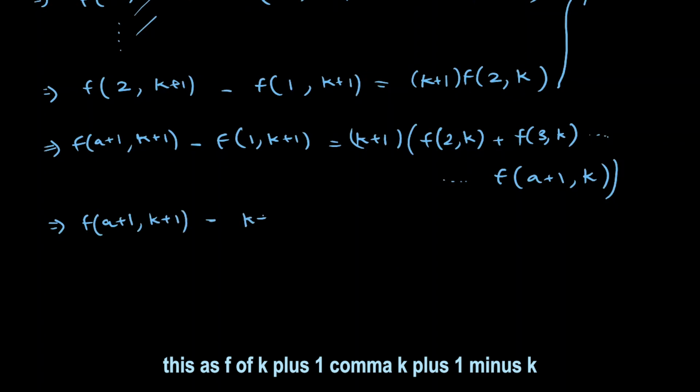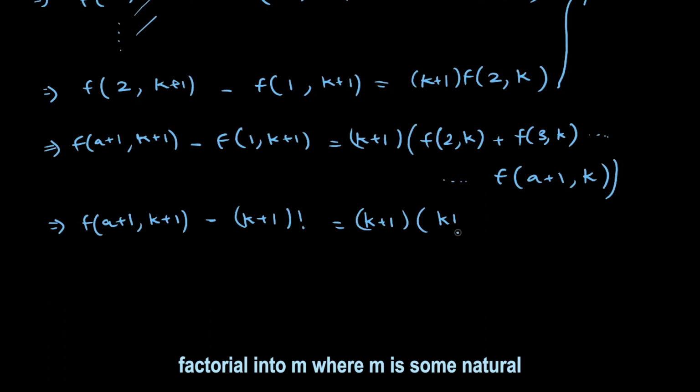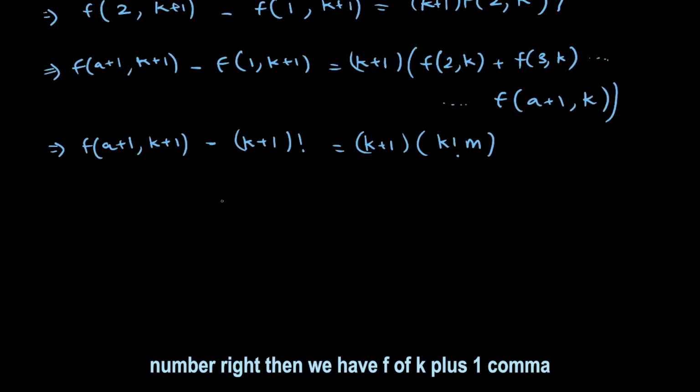minus k plus 1 factorial is equal to k plus 1 into k factorial into m, where m is some natural number, right?